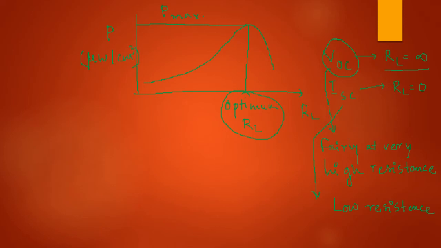And therefore, if you calculate the output power P as VOC into short circuit current, this will give you an overestimation basically.